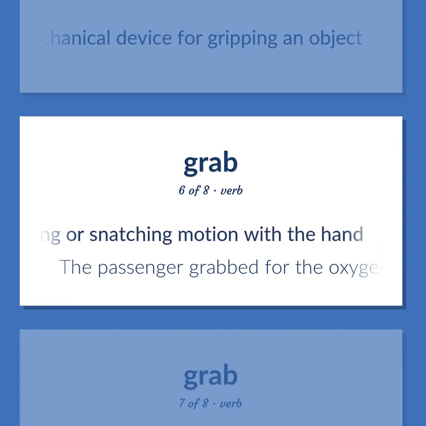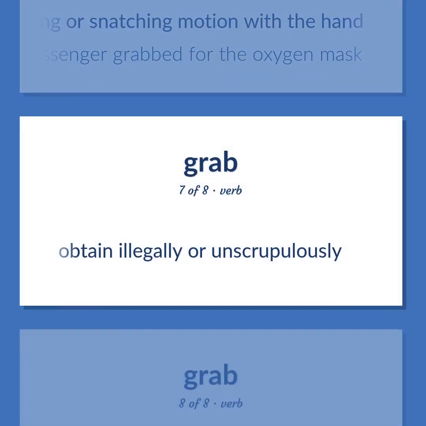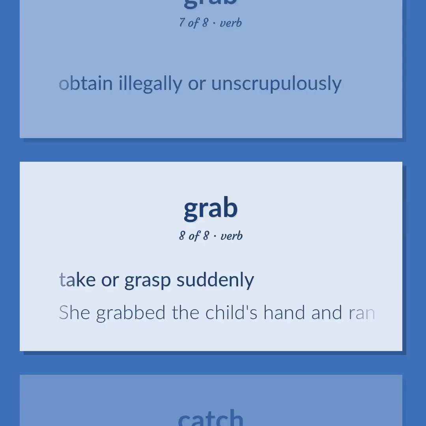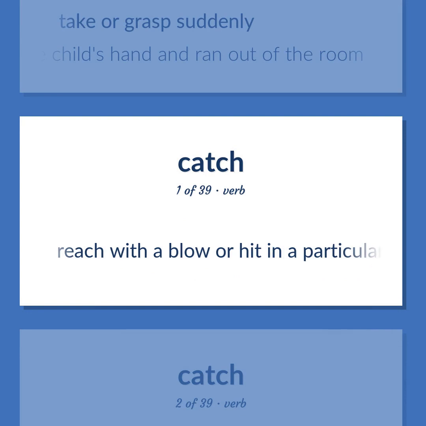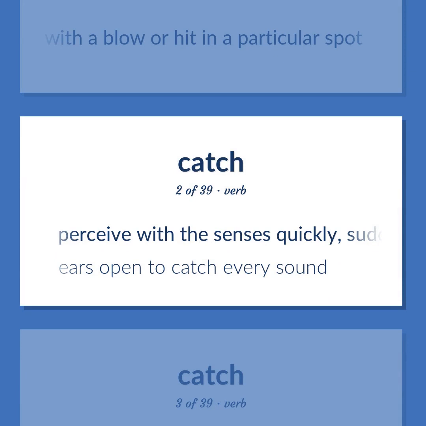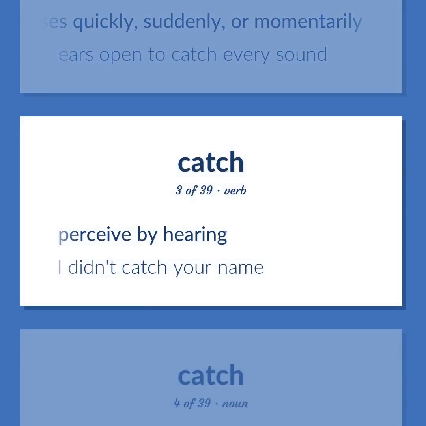The passenger grabbed for the oxygen mask. Obtain illegally or unscrupulously. Take or grasp suddenly. She grabbed the child's hand and ran out of the room. Reach with a blow or hit in a particular spot. Perceive with the senses quickly, suddenly, or momentarily. Ears open to catch every sound. Perceive by hearing. I didn't catch your name.